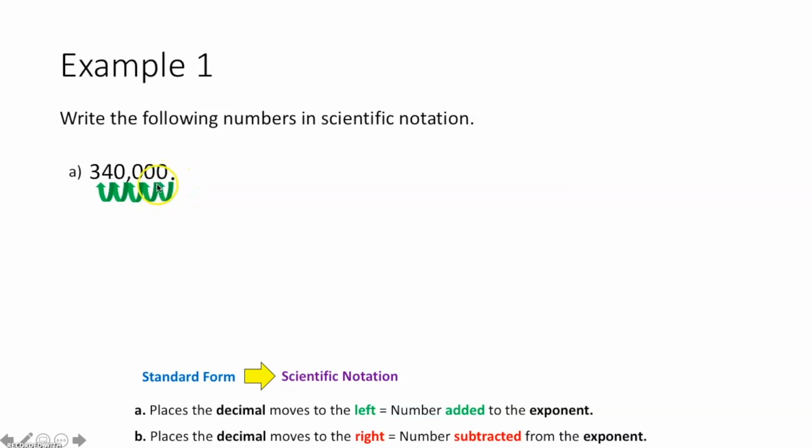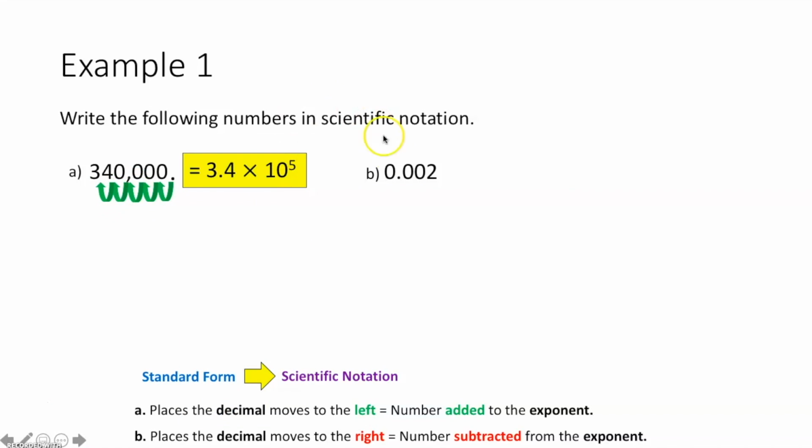So we moved 1, 2, 3, 4, 5 decimal places to the left. Which means we're going to take that number and add it to the exponent of 10. So 3.4 is going to be our a value, the number out front, and it's going to be times 10 to the 5th. And that's how you do it.